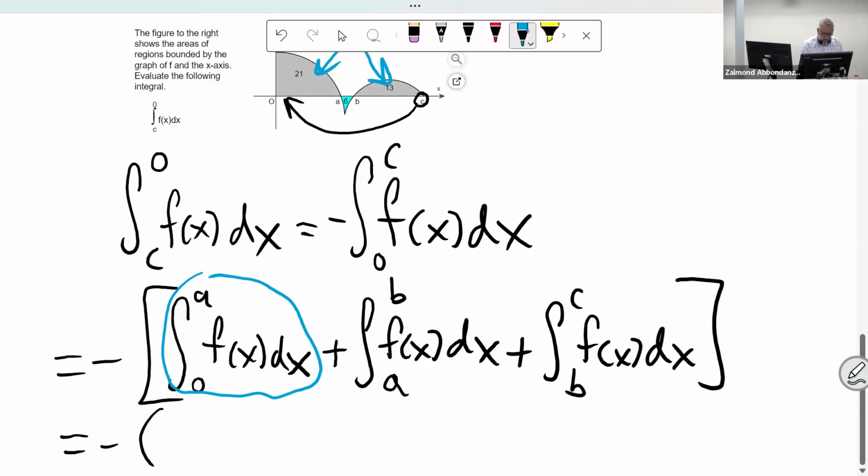So that's simply going to be 21. If the function is above the x-axis, it's equivalent to the integral. The next part, this one here, that's from a to b, but it's below the x-axis. So we know the area is 6, but the integral is going to be the negative of the area. So that's going to be minus 6.